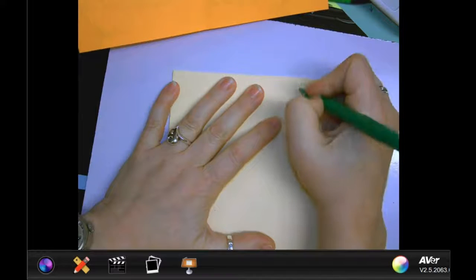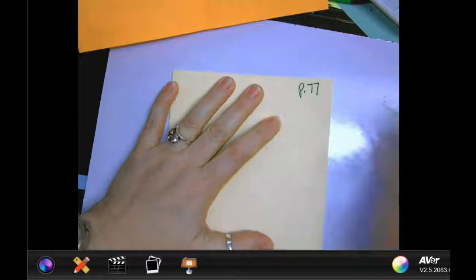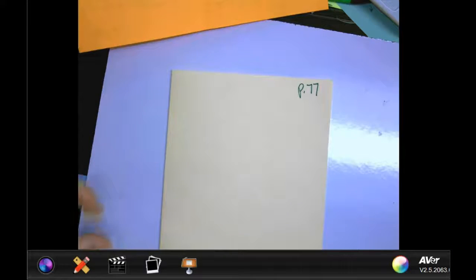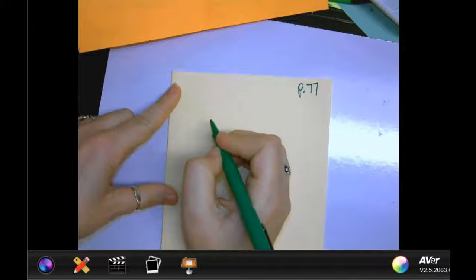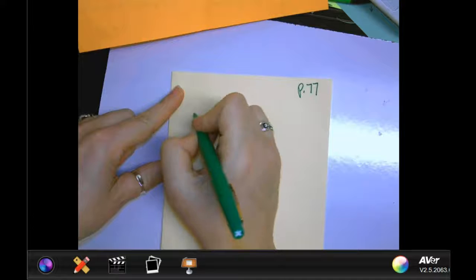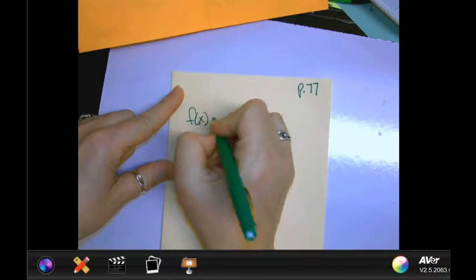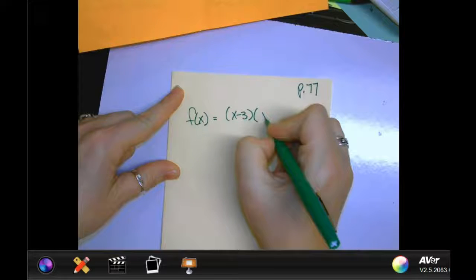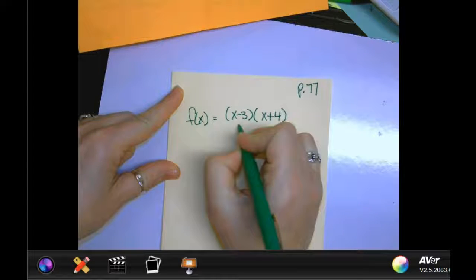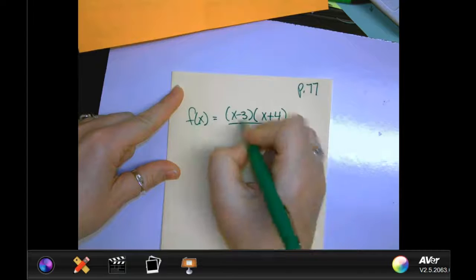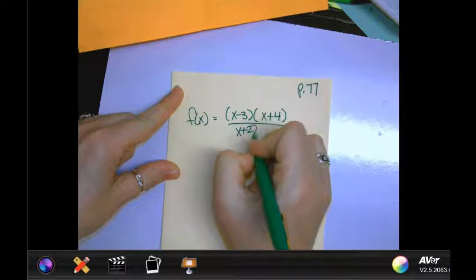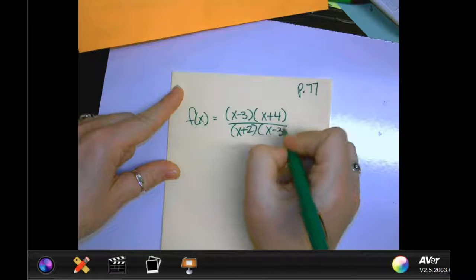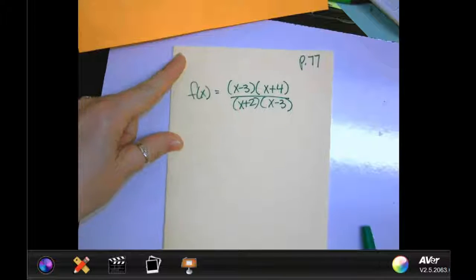On the top, here's page 77. And I want you to write this down. I'm going to start it easy so that we don't have to factor anything. F of x equals (x minus 3)(x plus 4) over (x plus 2)(x minus 3).